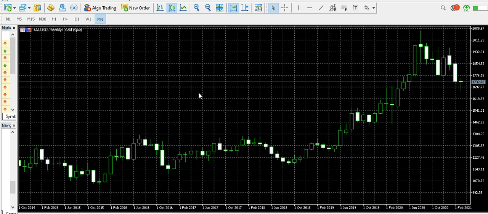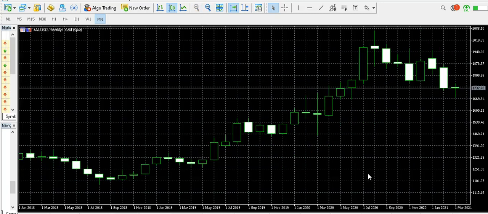We want to analyze gold with Fibonacci tools. We are also going to analyze gold with moving averages, then with trend lines. So let's see what analysis we can get from the way we are going to analyze the gold setup for the week.